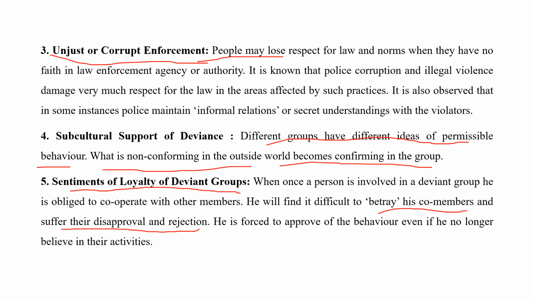Then you're supporting this person, but that behavior is a deviant behavior according to society. Then you will also suffer, right? Because you were the co-member, and you need to suffer because of the disapproval and the rejection from the society. So sentiment of loyalty of the deviant group is also an important point.